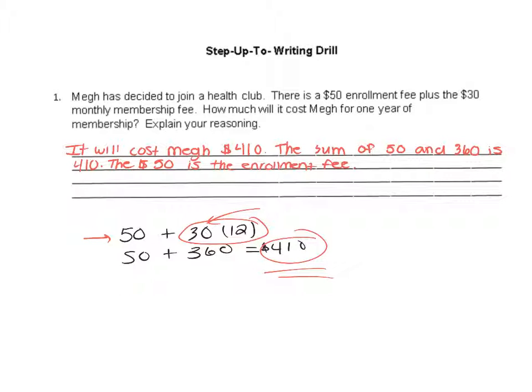How did I get the 360? Where did I come up with the 12? There's 12 months in a year, so I'm going to explain that.